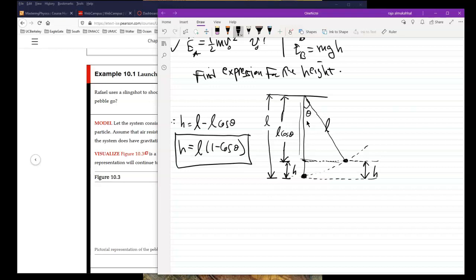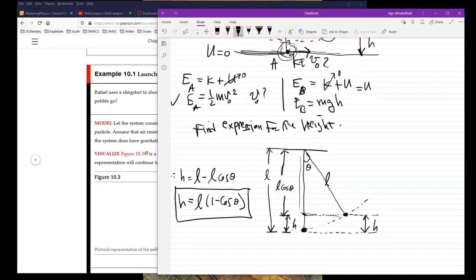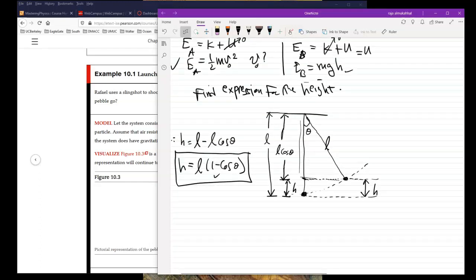Okay, now go back to our energy expression. We've got to equate E sub B and E sub A together, with this expression for the height right here. You got it? So let's do that. Here we have 1/2 m v0 squared equals m g h, but this h is now that. The masses cancel out. Now you know why the mass is not important, right?